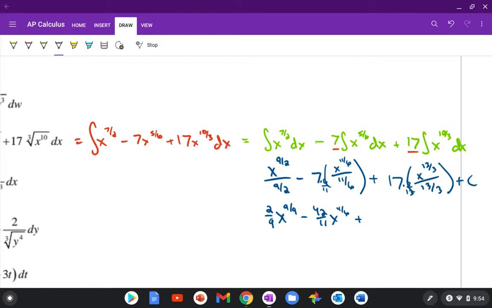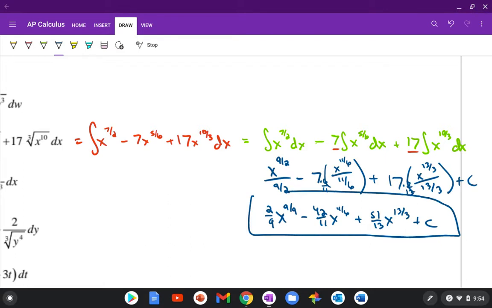So that would be 51/13 x to the 13/3 plus c. So that should be a half, sorry. So it's kind of crazy as it looks. That is how you'll do these.